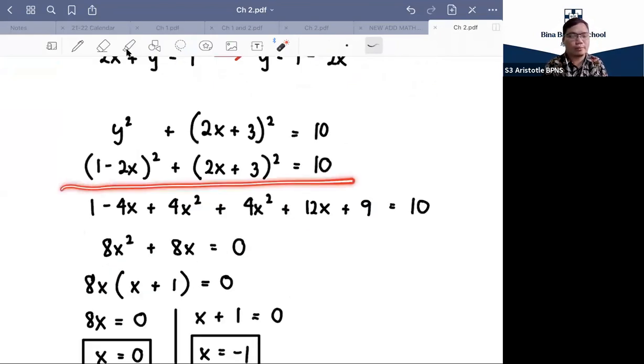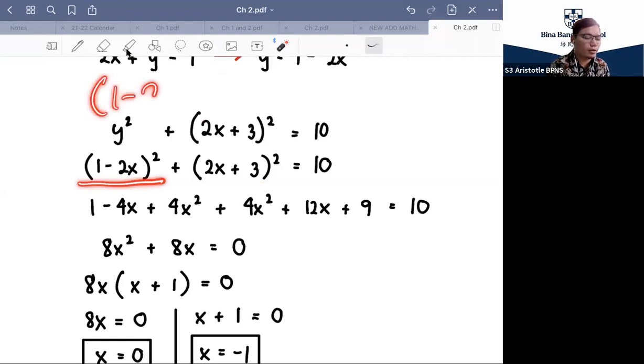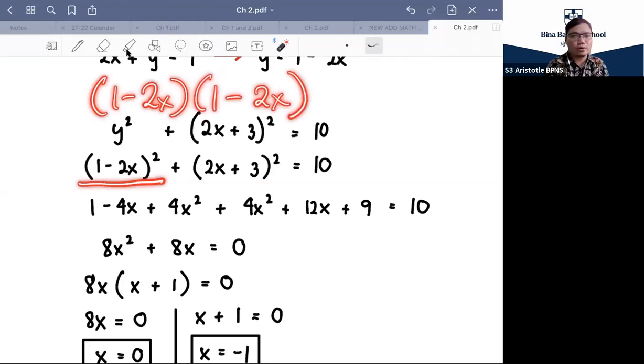What's next? Basically, class, you need to expand and simplify. How do you expand this? It's (1 minus 2x) times (1 minus 2x), and once you do that, you'll get 1 minus 4x plus 4x squared.